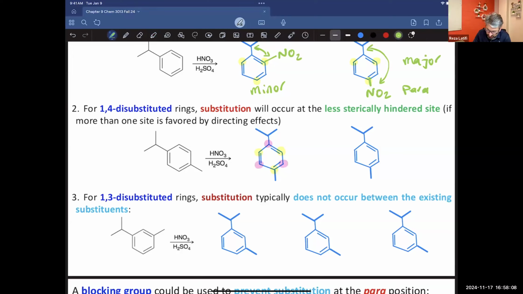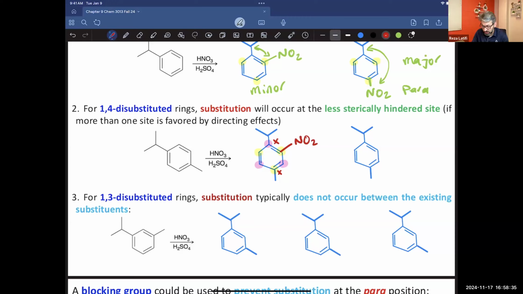These two are taken, so we cannot use them. The question is, where should I put the nitro? One idea is that the isopropyl has a stronger donating or induction effect than the methyl, so we should put it in the ortho position relative to isopropyl. If that's the case, then we get NO2 here.